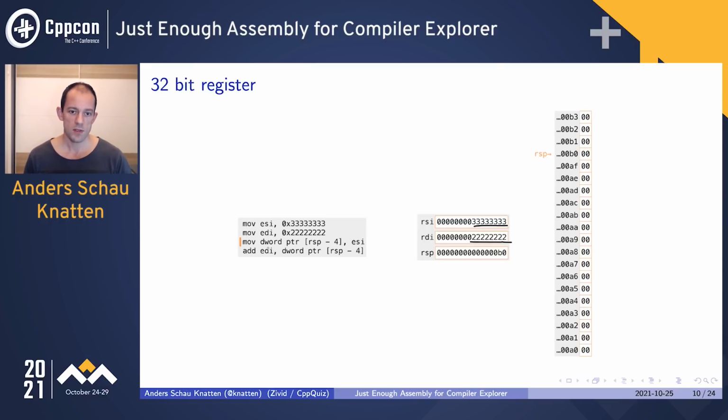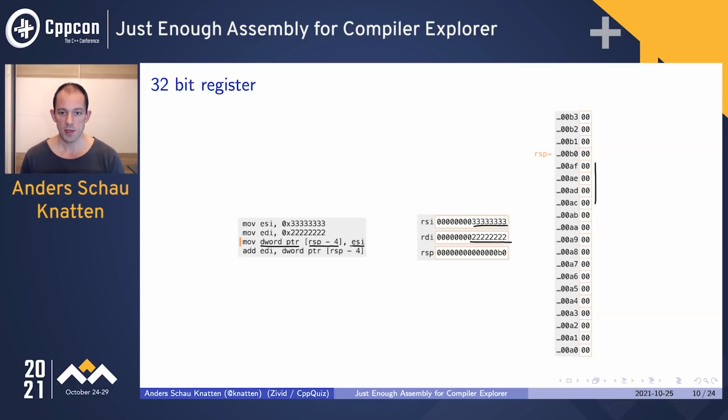And then we can see that when you're going to move stuff into memory, we now move ESI instead of RSI. And I'm using DWORD PTR instead of QWORD PTR, for double word, which is a 32-bit value. And then I decided I want to put it just at RSP-4 instead of -8, as I had on the previous slide, because I just want it here at the top of my stack frame.